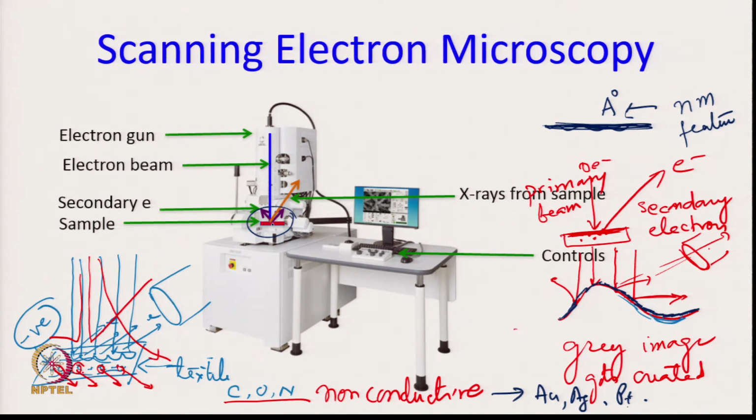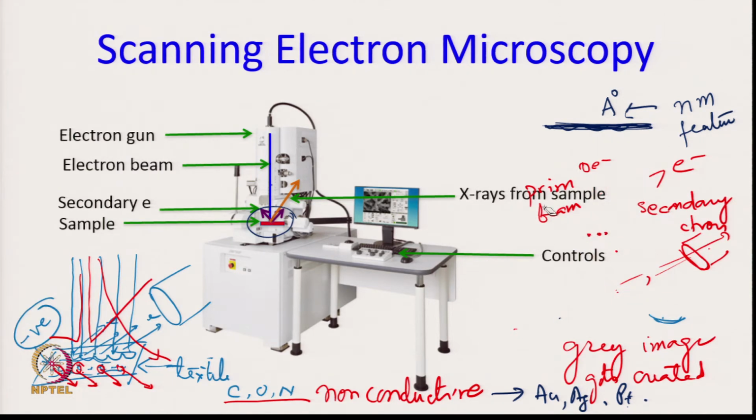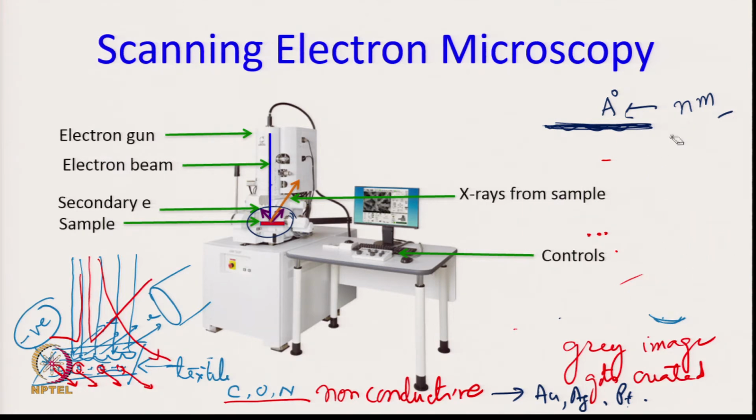Let me rub some of these things to make some space for you, so that we can now look at the other aspect, which is the EDS aspect of this simple system.